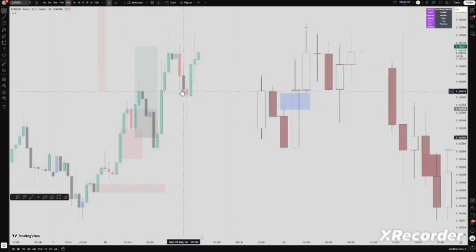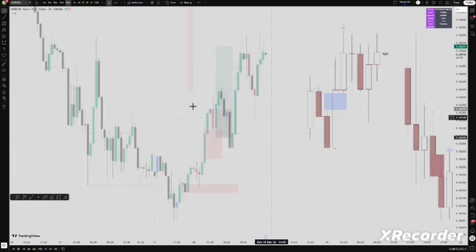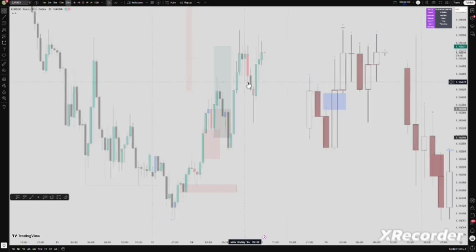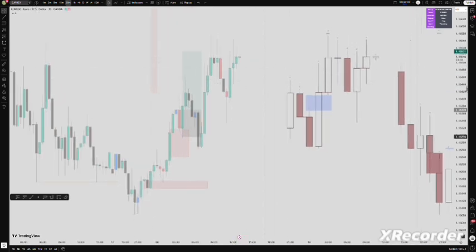Price came up, and then I was targeting these highs. Price came up, tagged me into my entry at the development of the 5 a.m. candle. You can see on the 4-hour chart over here, the 5 a.m. candle opened, went deeper, made the retracements.